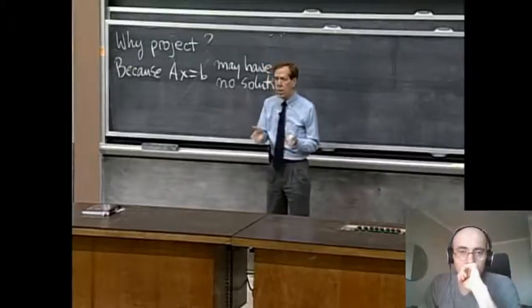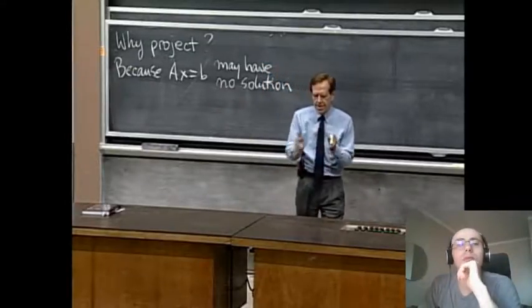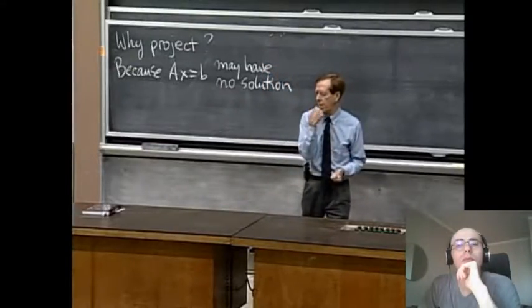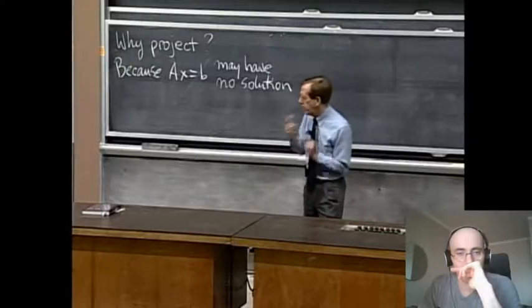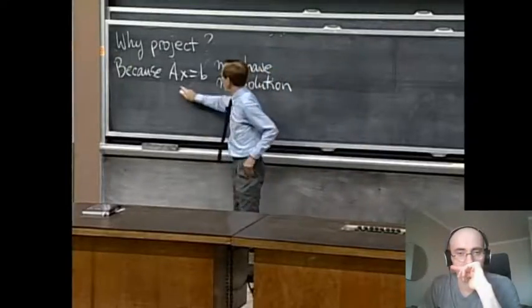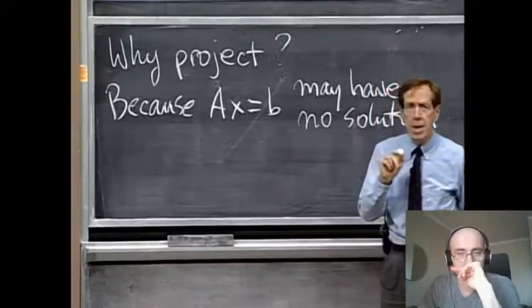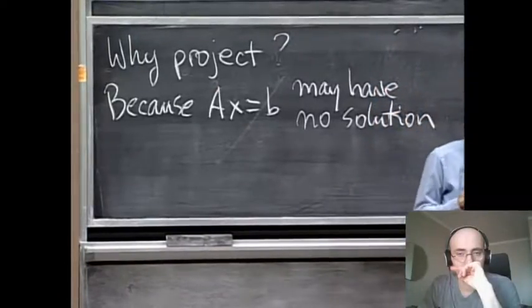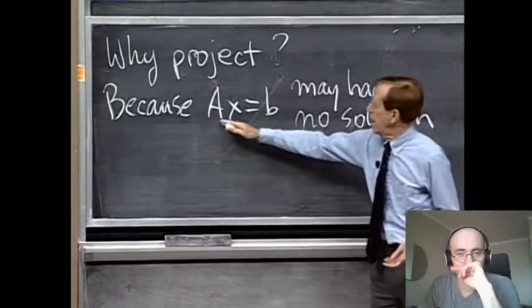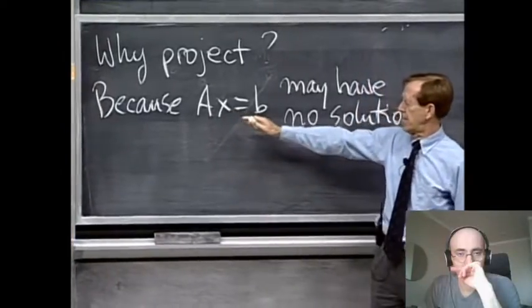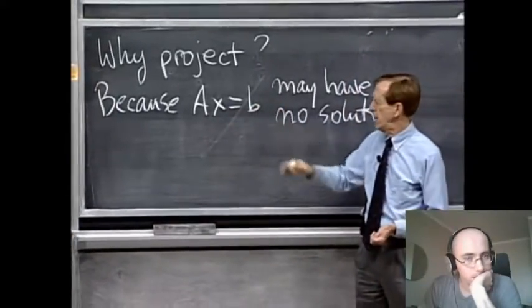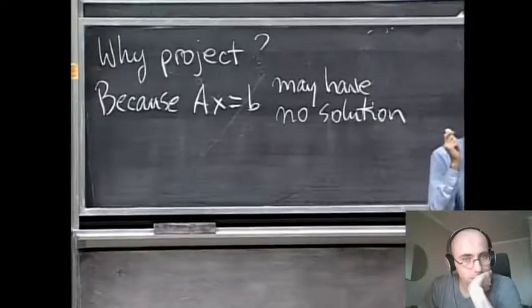So what do I do? I solve the closest problem that I can solve. And what's the closest? AX will always be in the column space of A. That's my problem: AX has to be in the column space, and B is probably not in the column space.